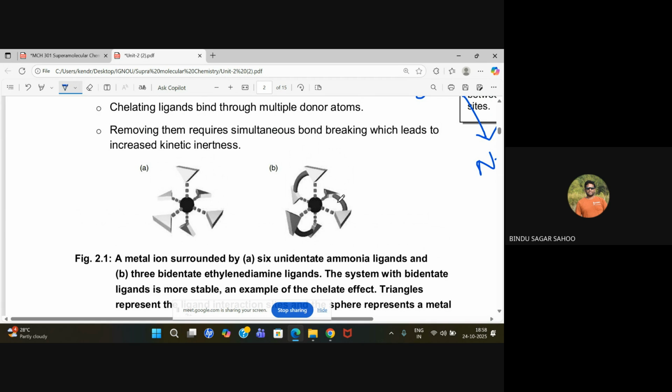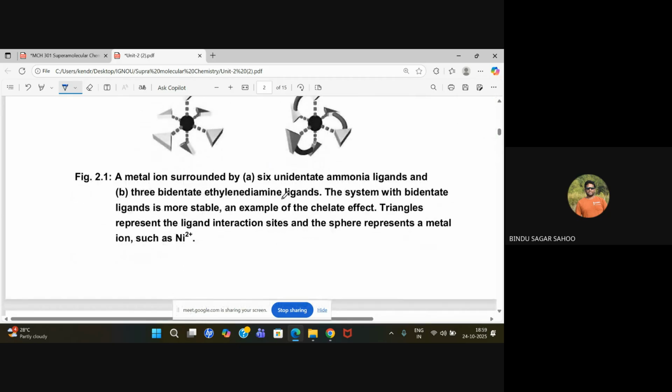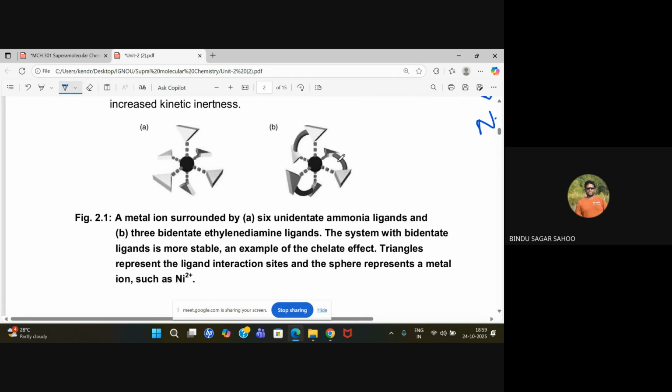And these two triangles here are an ethylene diamine group, and this rod represents the CH2, CH2 group in between them. So when there is a bidentate ligand, just like en, ethylene diamine, it can form a ring like that. When there is formation of a cyclic ring, definitely the stability of the complex will be more.